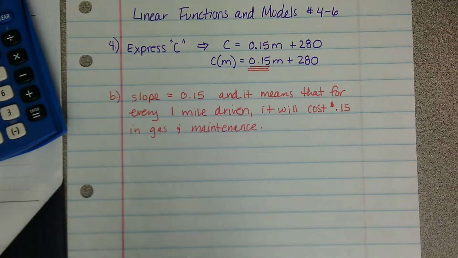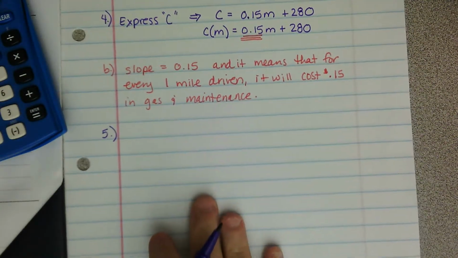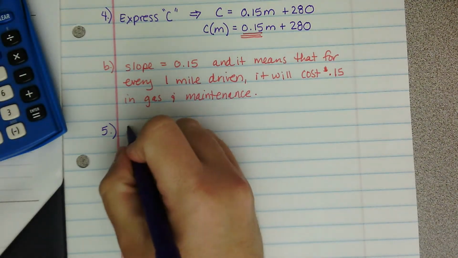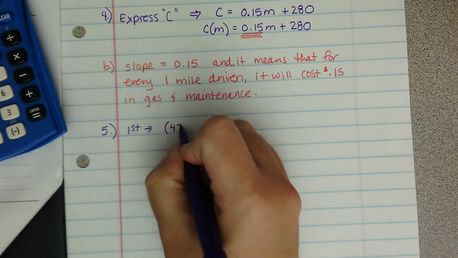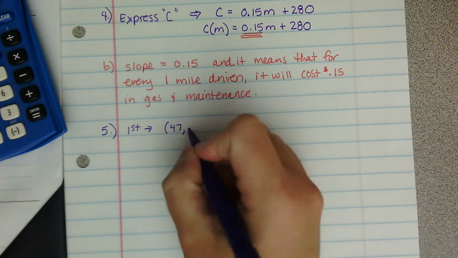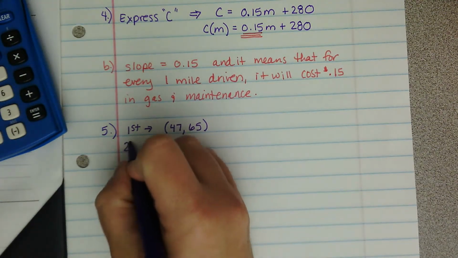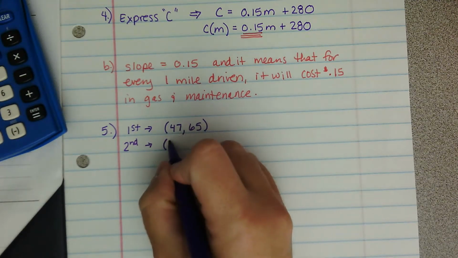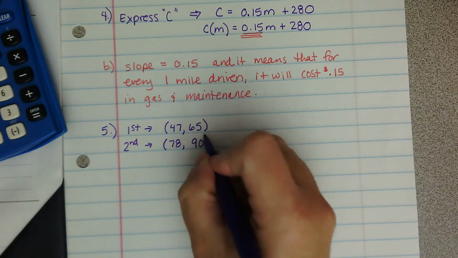So if we want a linear function, we're going to have to show the map. The lowest score was a 47, and they want that map to a 65. And then the second one he talked about was the highest score, a 78, and they're going to map that to a 90.